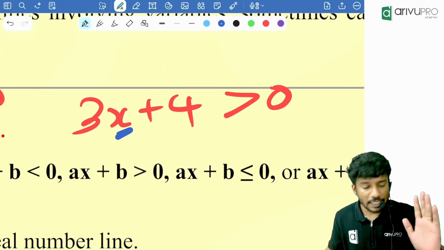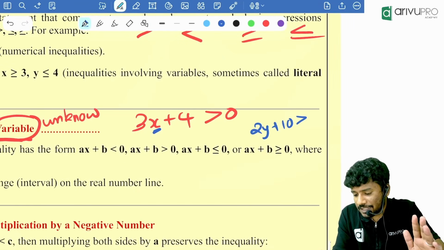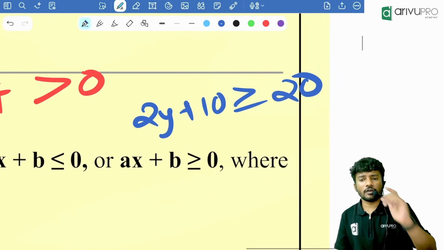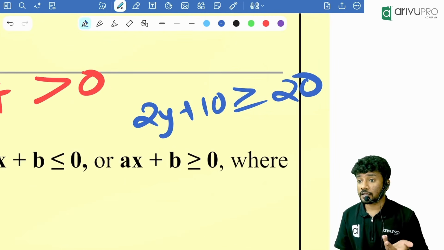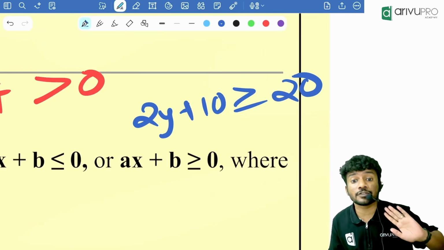X. Okay. Now, 2y plus 10 greater than or equal to 20. Who is the unknown over here? Y. Y is the only unknown over here. We need to find the value of y or possible values of y.